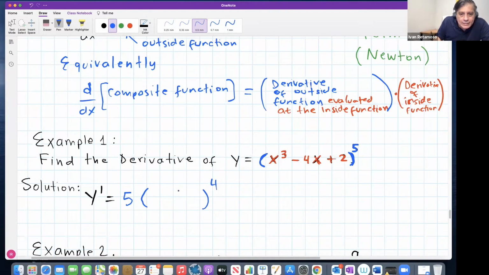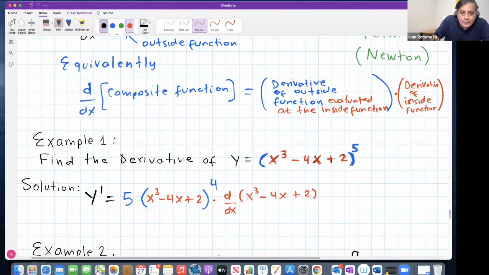But what is this for something? It's this inside function. So you keep this inside, you leave this alone. So leave it there, x cubed minus 4x plus 2 times the derivative of this inside function. I'm going to write it here, derivative with respect to x of x cubed minus 4x plus 2.